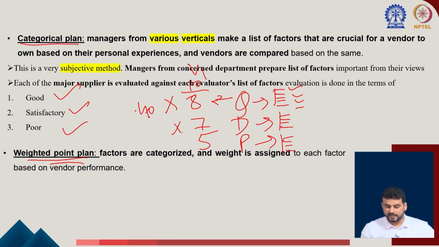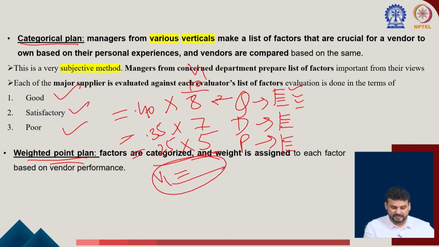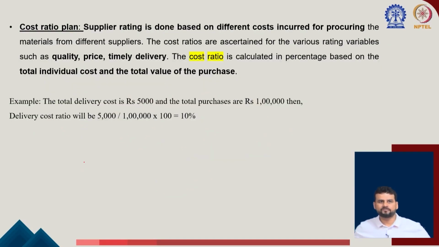Delivery is, let's say, 35% important, and then the rest is 0.25, I think. So whatever score I get, I multiply by these and sum up the scores. This is the weighted point rating for vendor 1. In the same way I will calculate the weighted point rating for vendors 2, 3, 4, right?